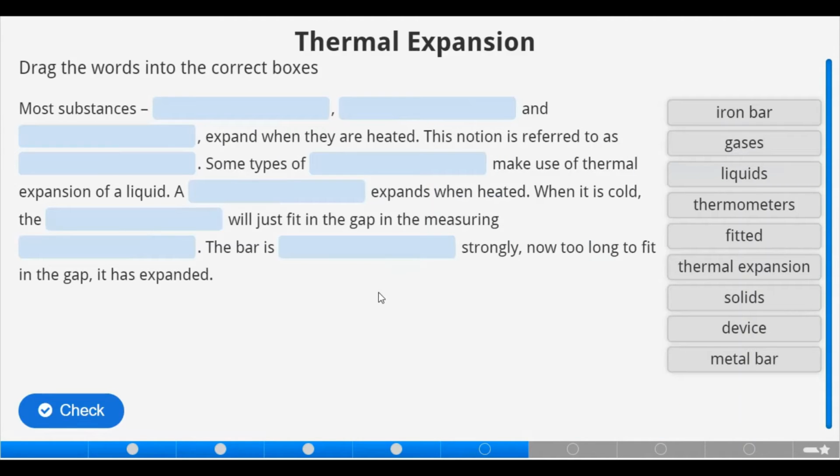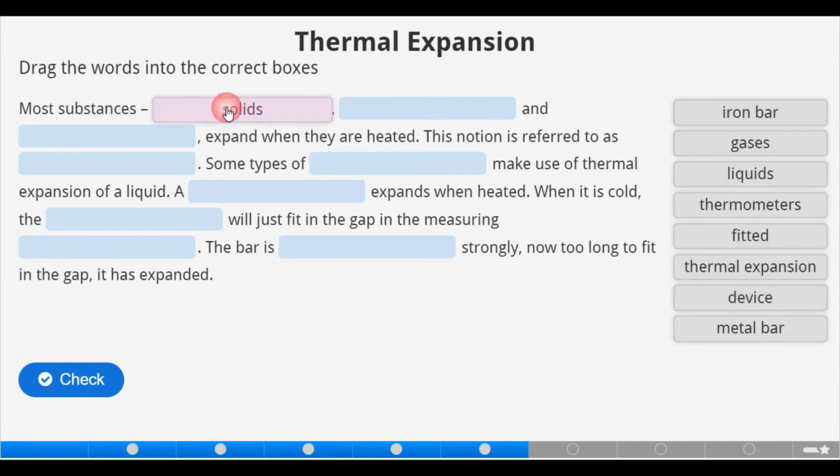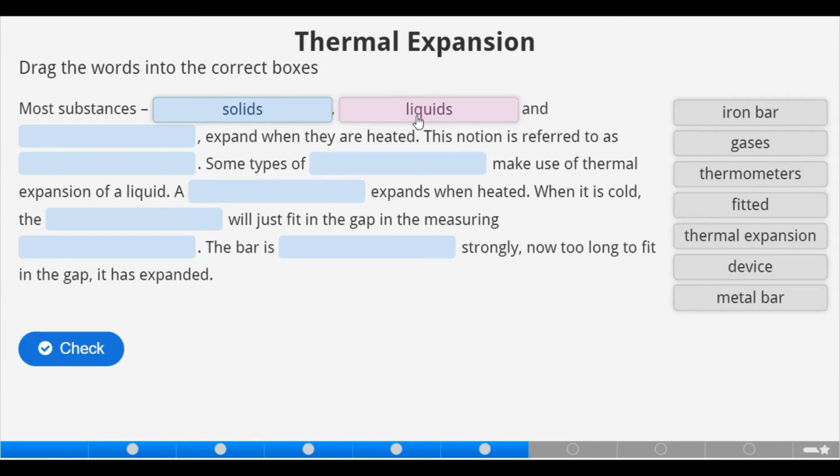So thermal expansion. You have to define thermal expansion by dragging the following words into the correct boxes. Most substances. What do you think substances are divided into? We have solids, liquids, and gases.